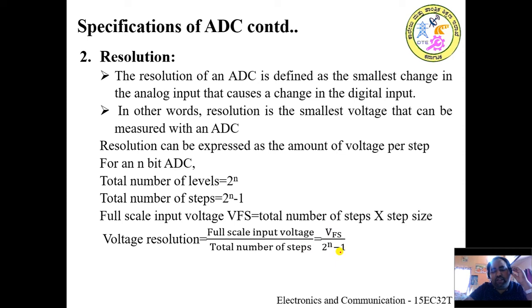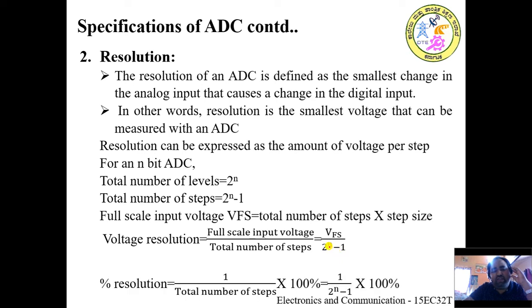Sometimes in the problems they might ask you to find the resolution in percentage. In such a case, the percentage resolution can be given as 1 over total number of steps times 100. The total number of steps is 2 to the power of n minus 1, so it is 1 over 2 to the power of n minus 1 times 100%.